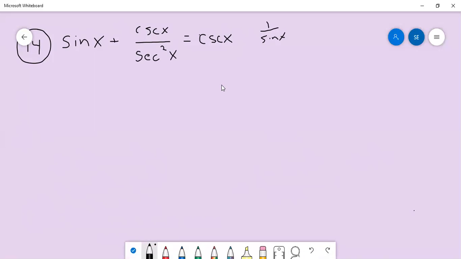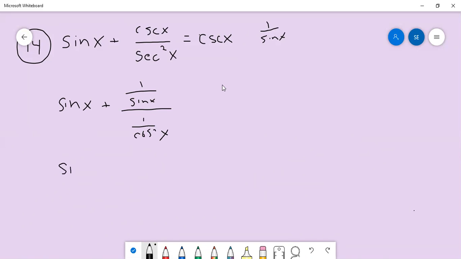Okay, so again, same thing. We want to replace anything that's not a sine or a cosine as a sine or a cosine. So this sine x stays here. But this cosecant is 1 over sine x. Secant is 1 over cosine. So this is 1 over cosine squared x. Okay? Now again, instead of dividing by a fraction, I want to multiply by its reciprocal.